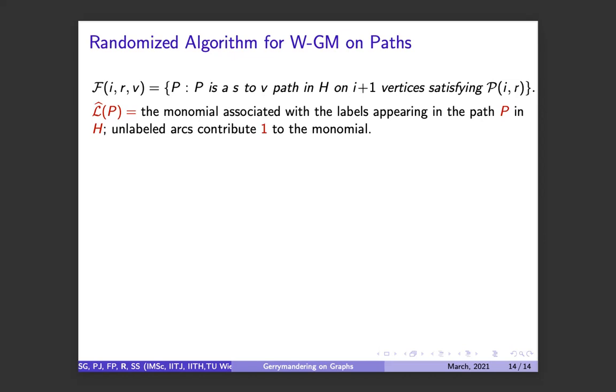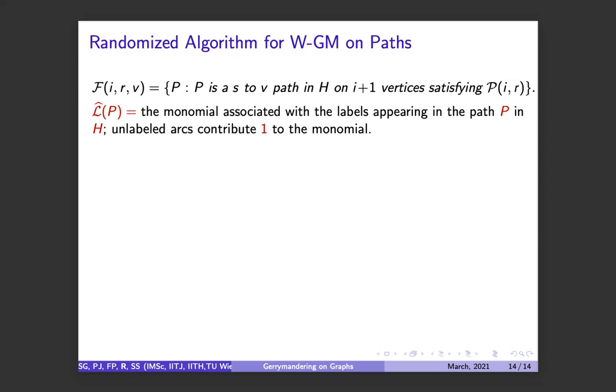So at the end, I want to compute a polynomial where my monomial will be multilinear, linear in each of the variables, which means that none of the labels are appearing more than once.